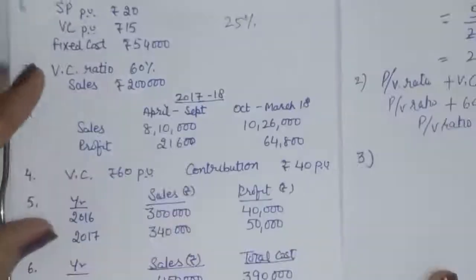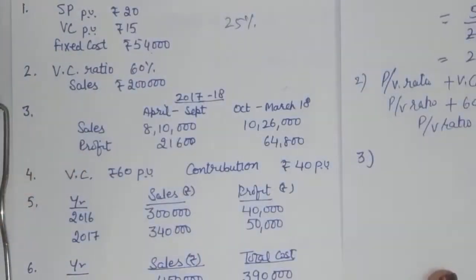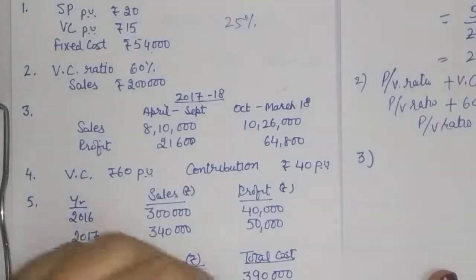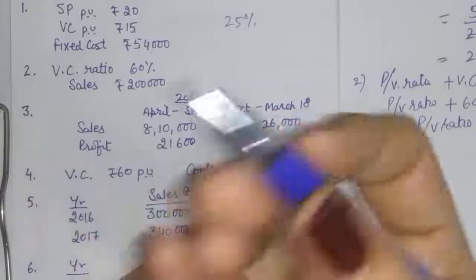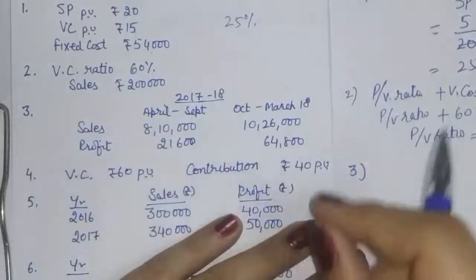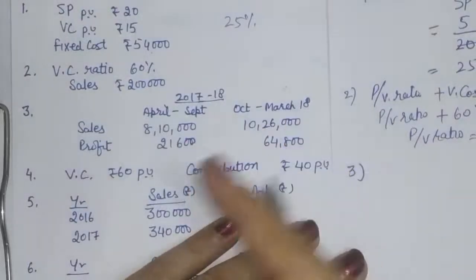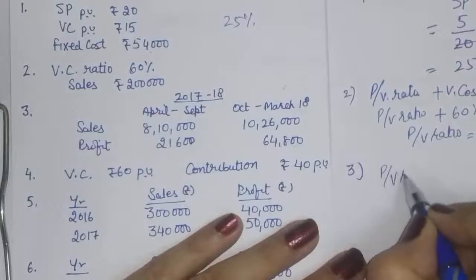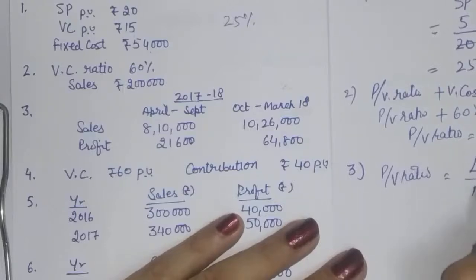Then we are given sales and profit. Now we know that our PV ratio shows a relationship between contribution and sales. Profit is not directly related with the sales, but we know that any amount of additional profit with the change in sale is coming from the contribution. So PV ratio is also defined as change in profit upon change in sales value.